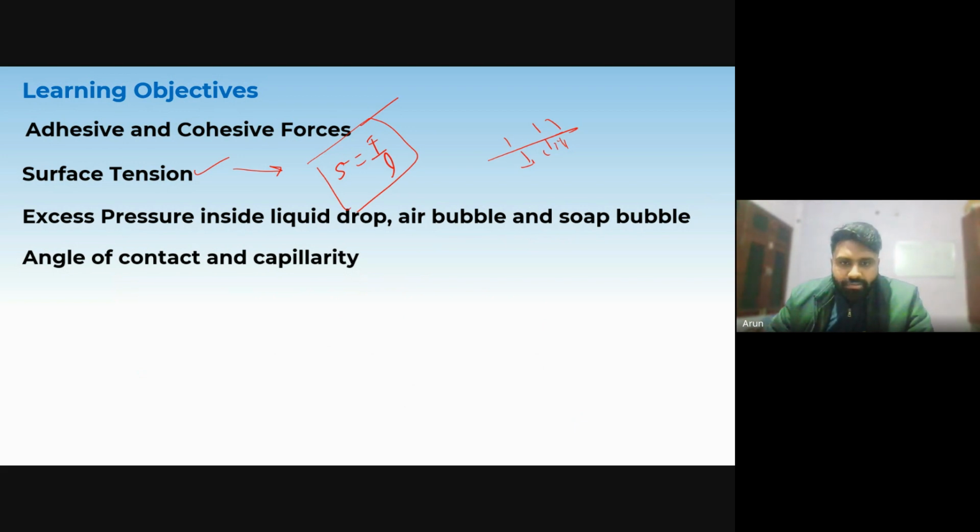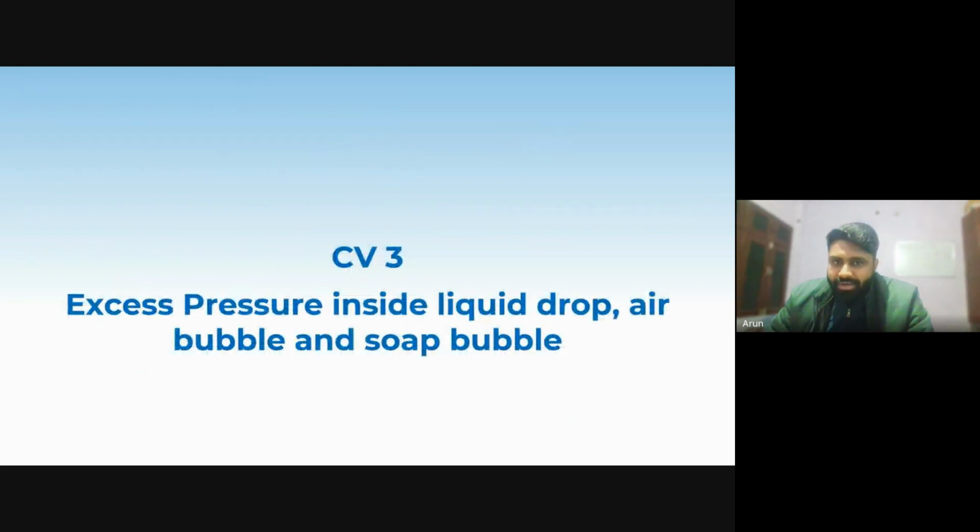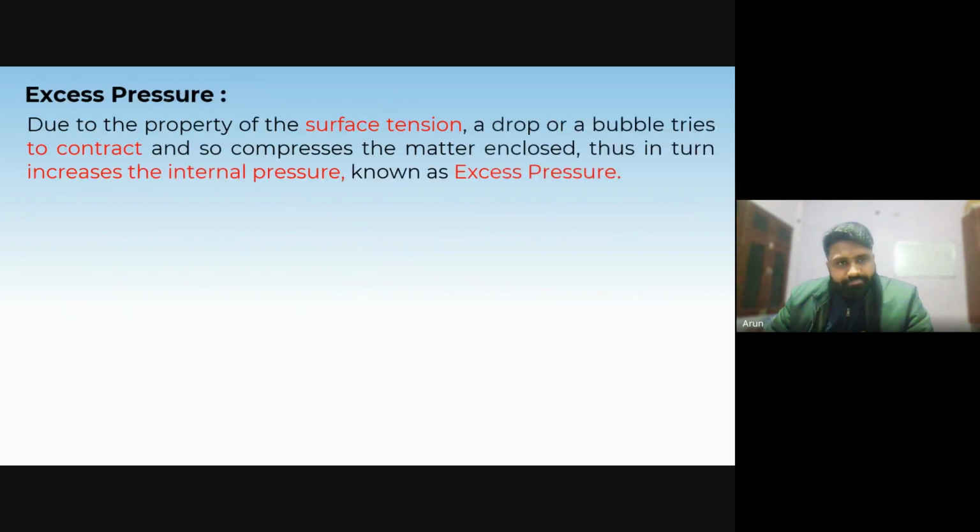Now, I think you guys have revised the concept. So today we are going to do the excess pressure inside a liquid drop, air bubble and soap bubble. Although we have covered some of it, we will see it from the beginning. Okay, got it. So what is excess pressure? Look, there is a liquid drop, let's say. We know the property of surface tension and we have discussed it.